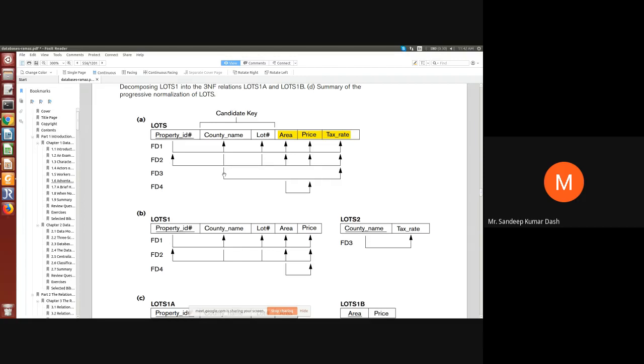So what you did is that county name and tax rate you took to a separate table. County name became the primary key. Tax rate was now full functional dependency. Fine. And this one, since nothing was told in 2NF, was kept as it is. Now these two we got by dividing this particular table. And these two are now in 2NF. There is no problem in this.